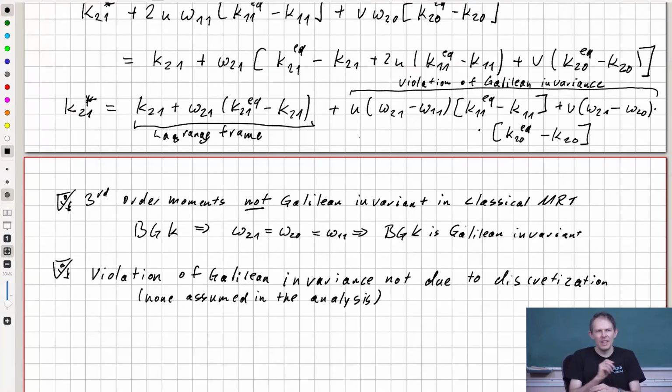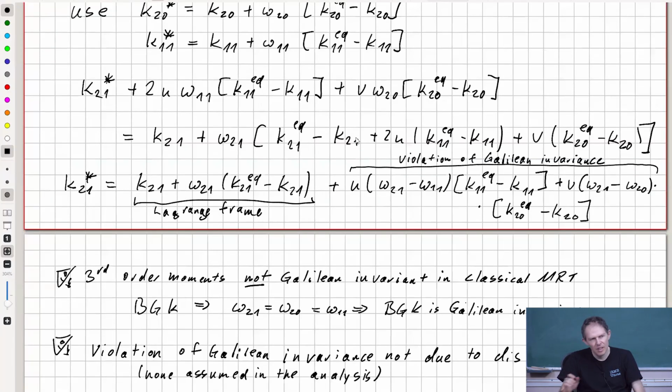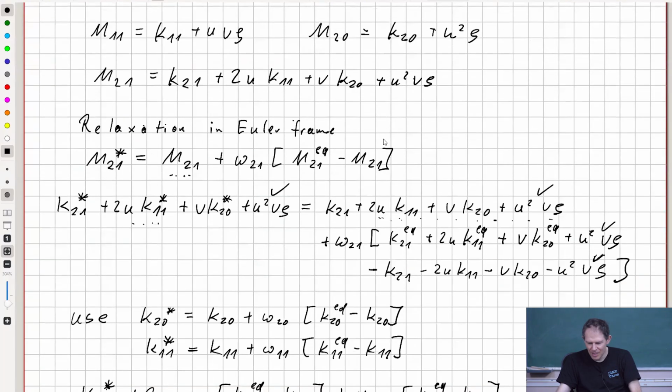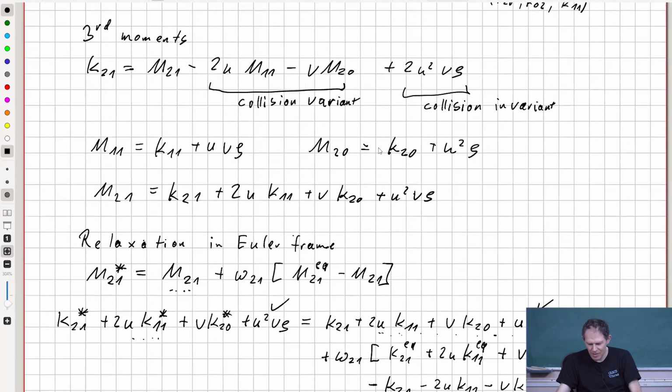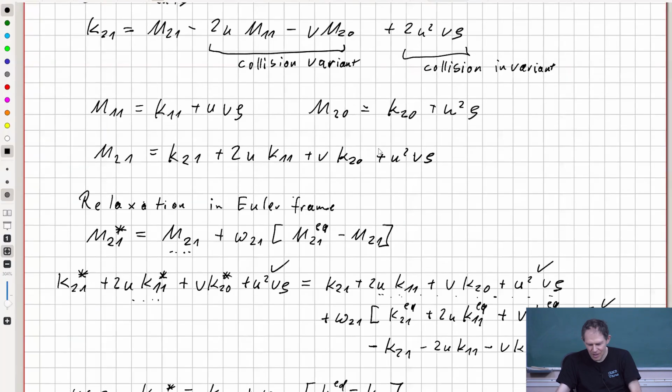So, now we have this multiple, please take the mic. So in the previous page, yeah, the page before. Yeah, so there. No. Here. Where? Yeah, so when we are starting k21 star, we are writing that after the collision.